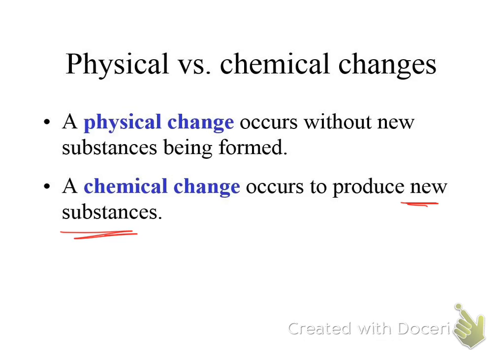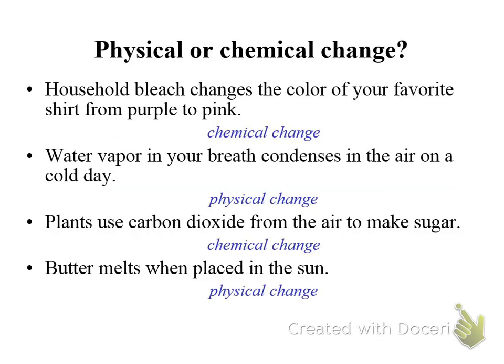You're like, oh, it looks different, but it really is simply physical, because on the molecular and atomic scale, no new substances are formed. So here is a list of physical and chemical changes. One of the things I tell students is a physical change can be undone. A chemical change cannot be undone.